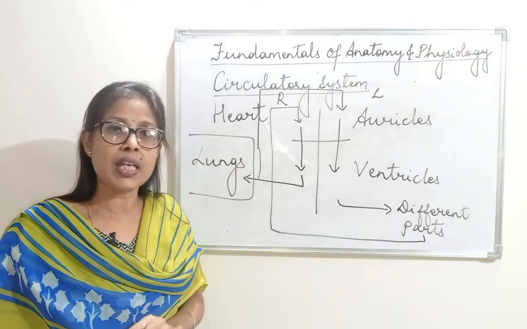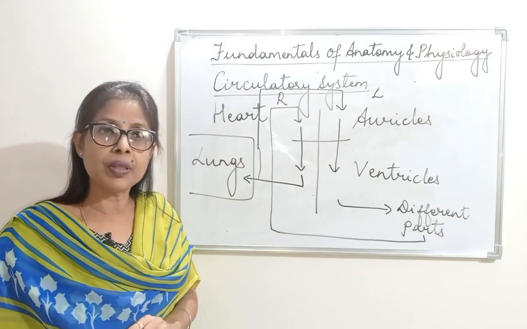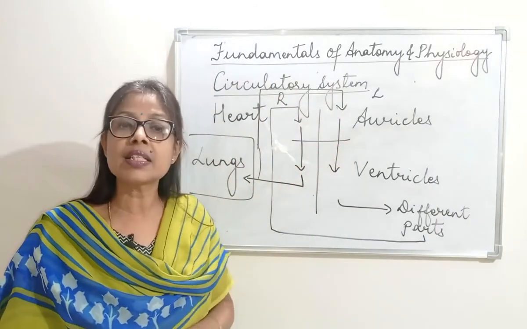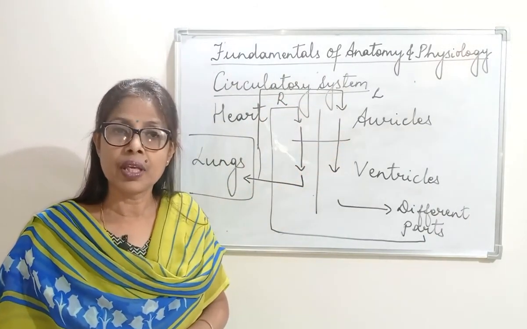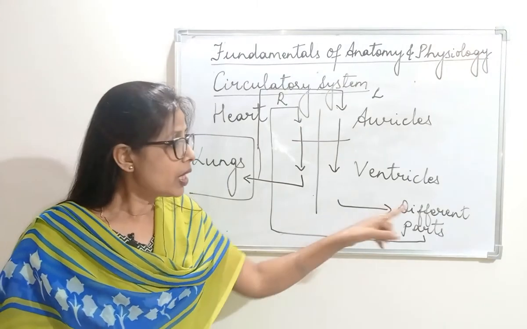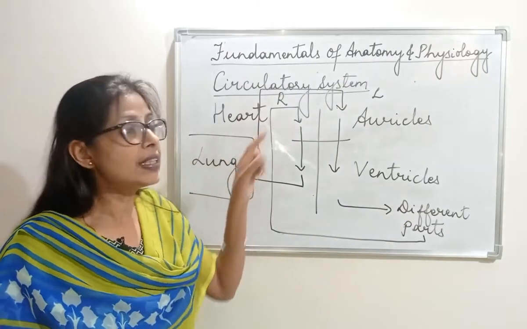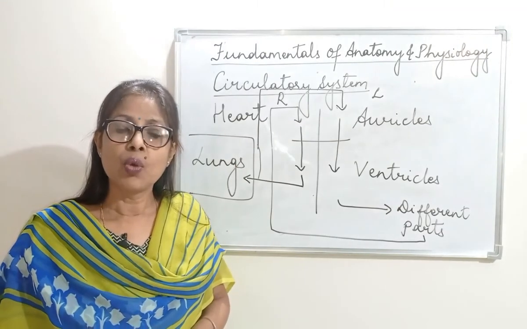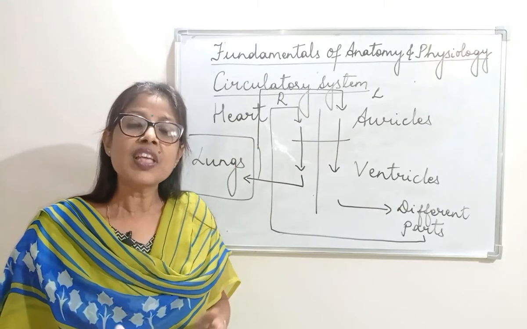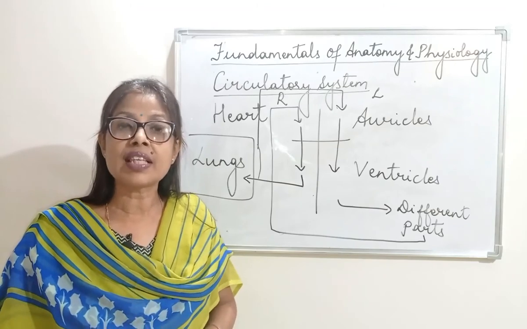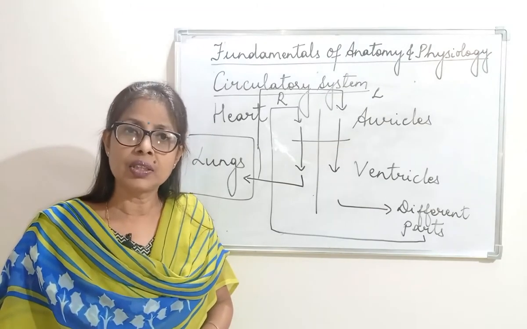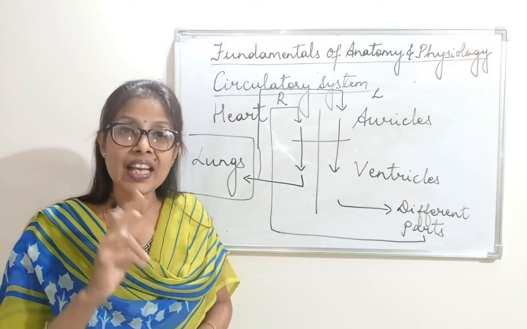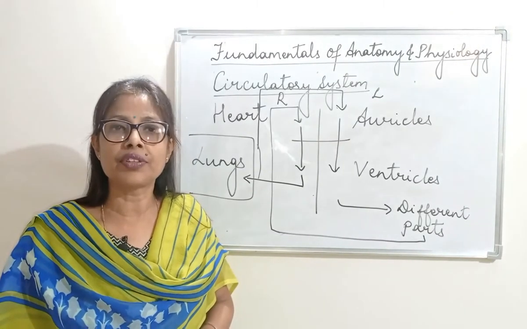But at the same time, we have to remember that all the pure blood that enters the heart or all the impure blood that enters the heart, there is a slight difference. What is the difference? We say all arteries carry pure blood. All the arteries in our body carry pure blood, except the pulmonary artery.